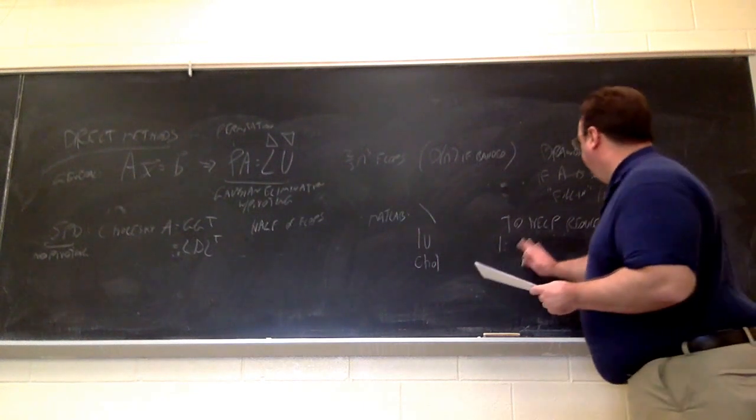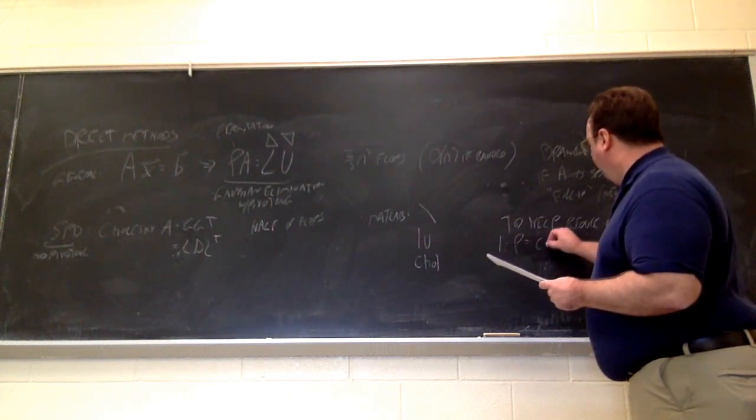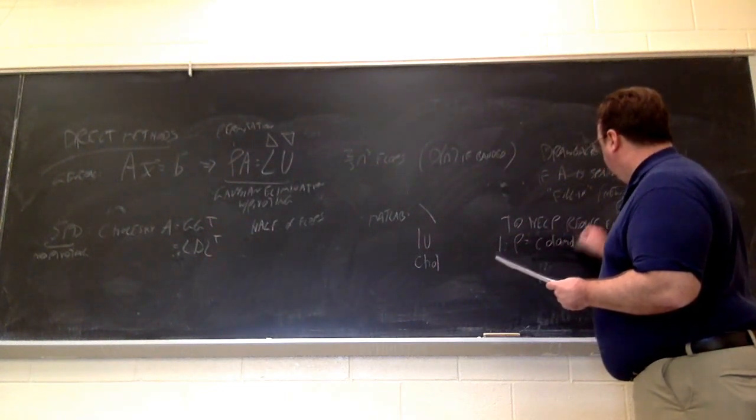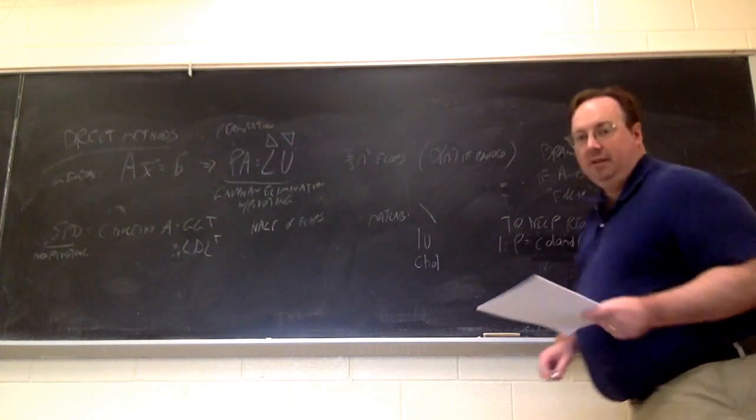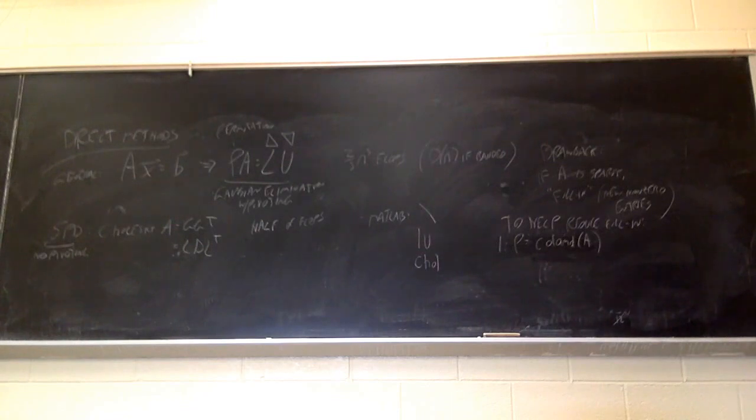Actually, I'll write out the interface. It returns a permutation matrix. Approximate minimum degree. Yeah, I knew that M was minimum, I forgot what the rest of it was.